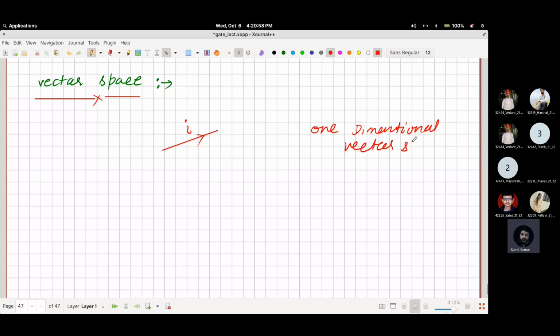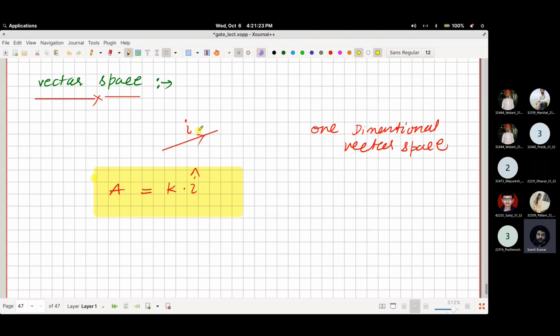All the vectors in this space will be represented in terms of this vector I. So if you take a vector A which is in this space, then A can be written as k times I. In a similar manner, all the vectors in this one-dimensional space can be represented in terms of this vector.